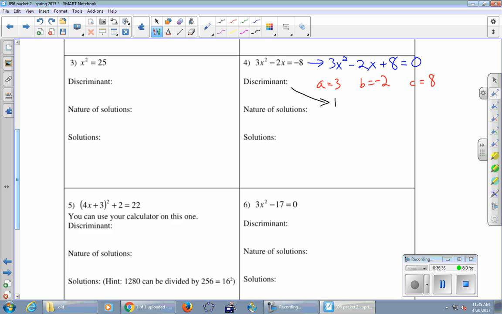The formula for the discriminant is b squared minus 4ac. Negative 2 squared minus 4 times 3 times 8. No square root, just the stuff inside. That's our definition for the discriminant.